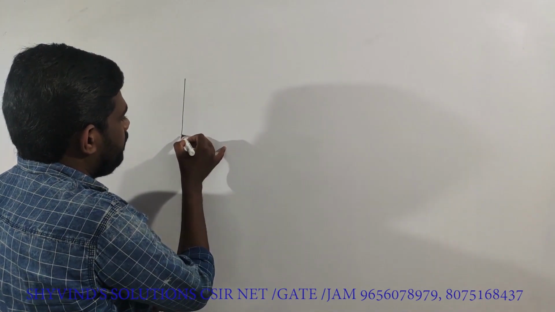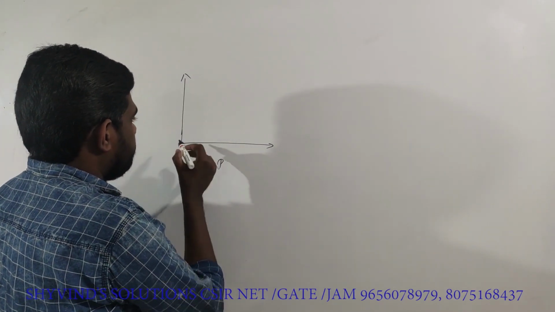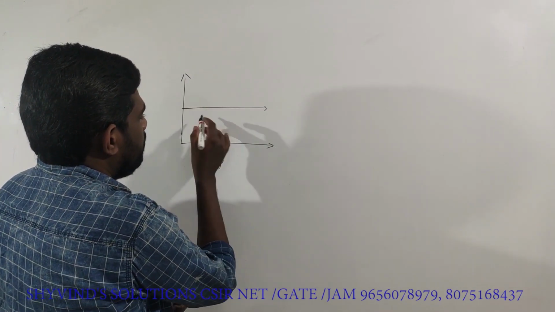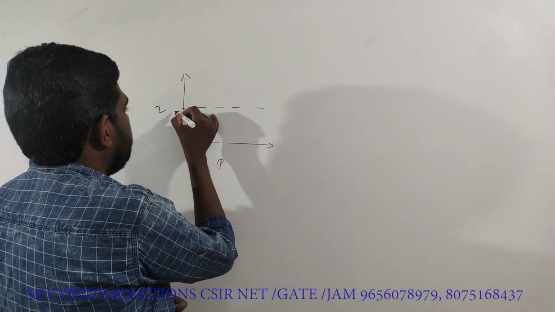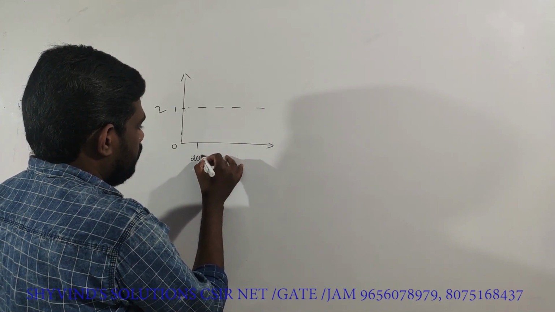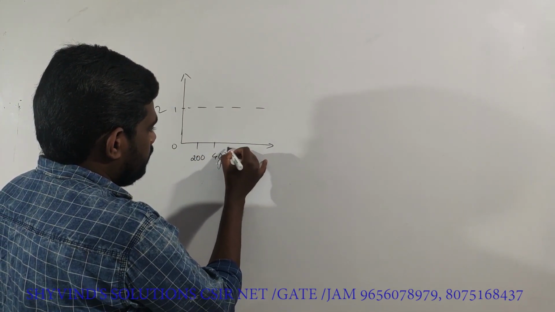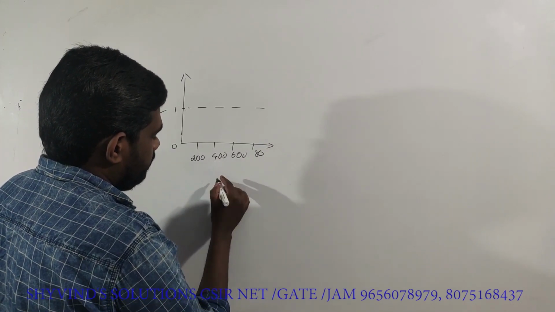If you look at the standard textbooks of physical chemistry, you can see a plot like this, the relation between the pressure and compressibility factor. Okay, so the plot will be like this. Z here and 1, 0, pressure, 200, 400, 600, 800 like that.